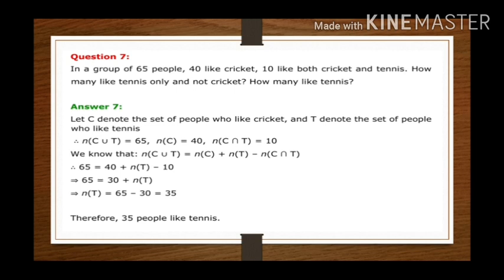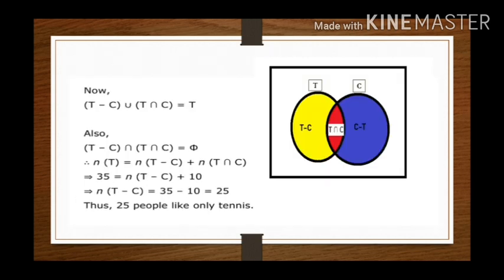Look at this diagram. This first set is the collection of the people who like tennis. This is the collection of people who like cricket.